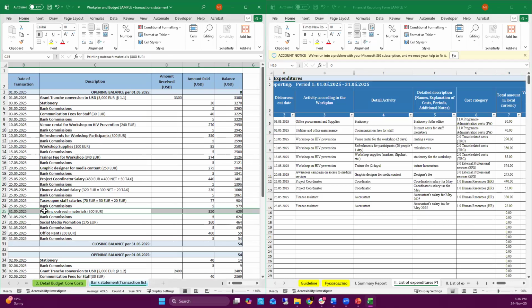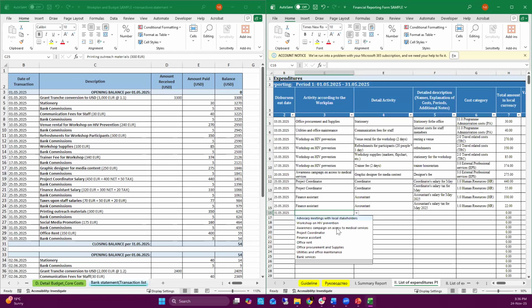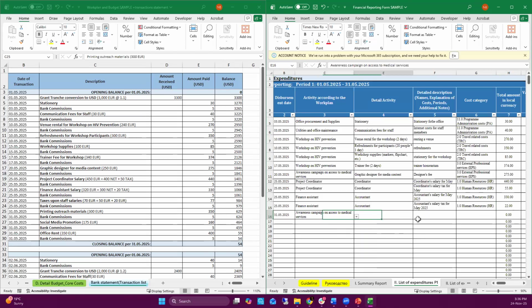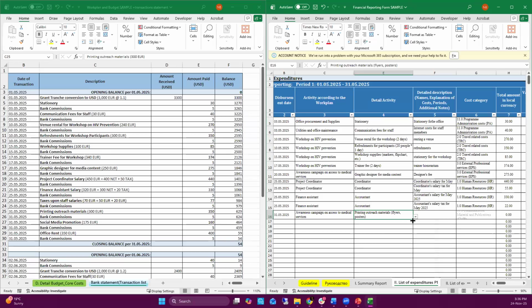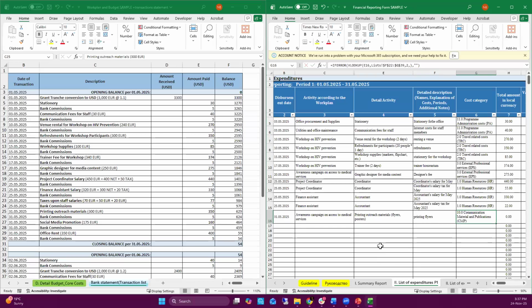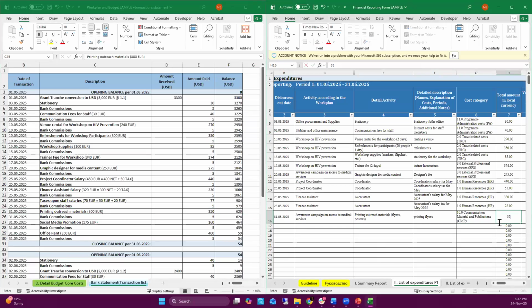Okay, let's move on. Now we have printing materials on the 31st, the last day of the project period. It was also in scope of awareness campaigns, printing materials. Printing flyers, for instance. We paid for it 350.